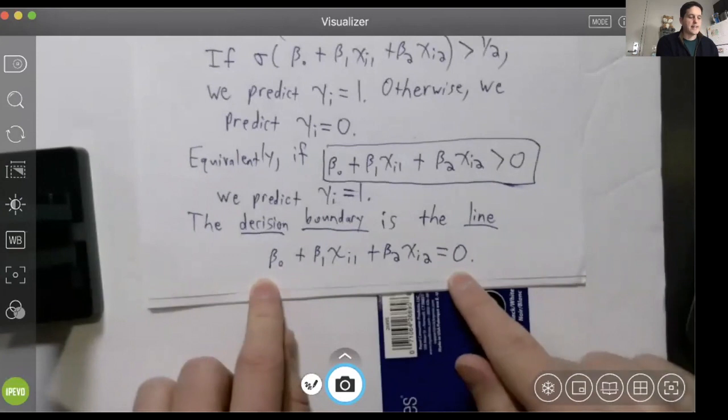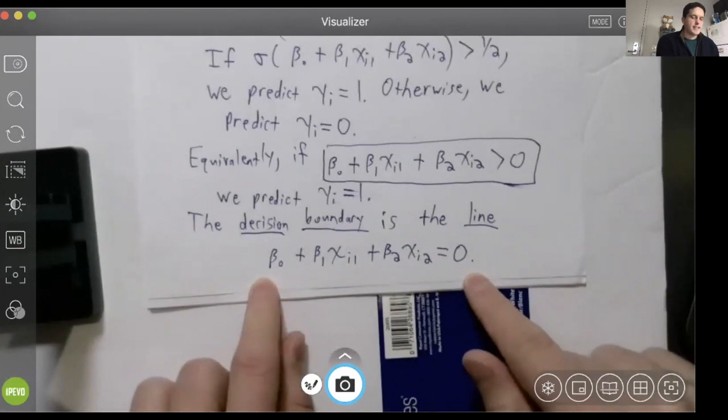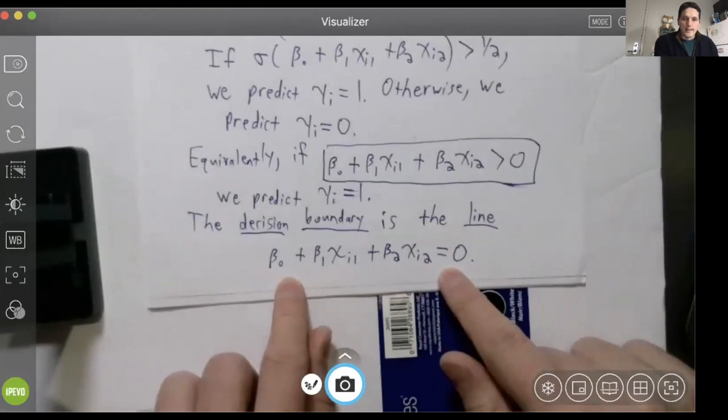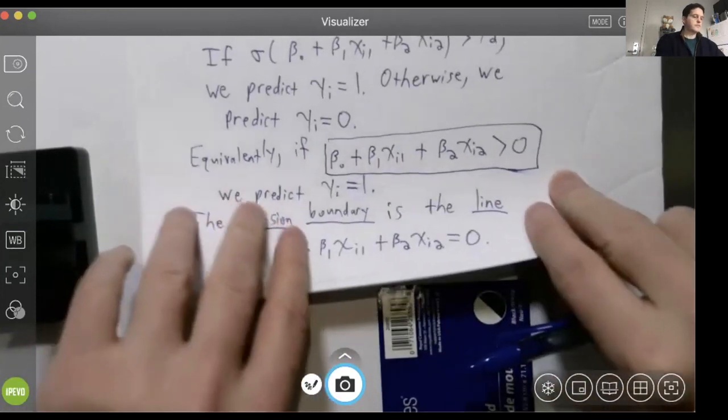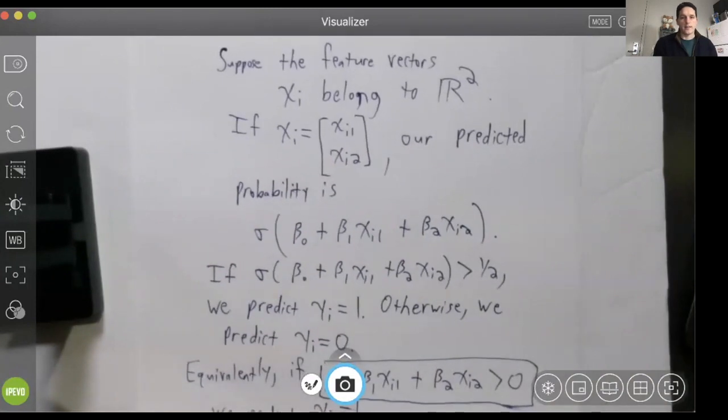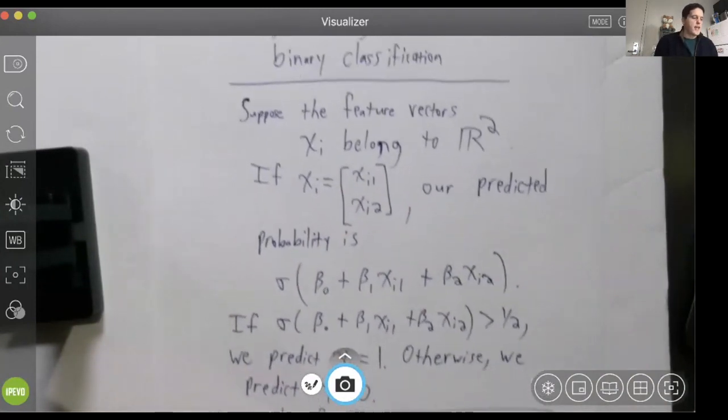This is the decision boundary, and if you graph it, it is a line. So when we do logistic regression, we're using a linear model and the decision boundary is a line. We've seen that before. We've plotted that line in some of our homework and some of our projects.